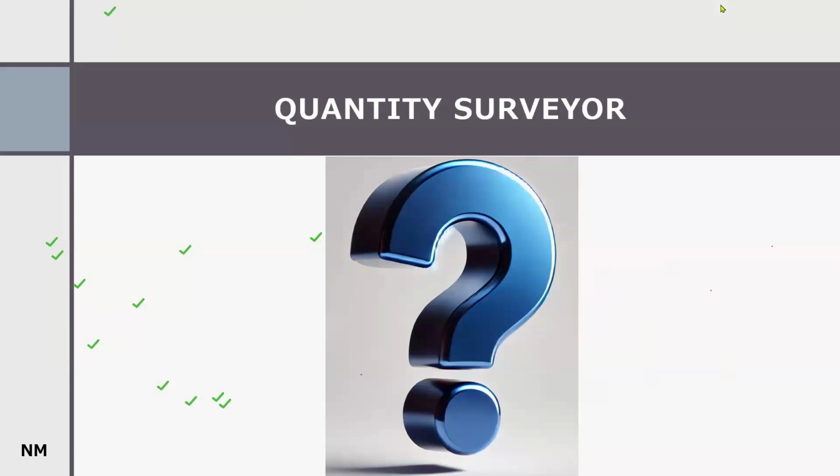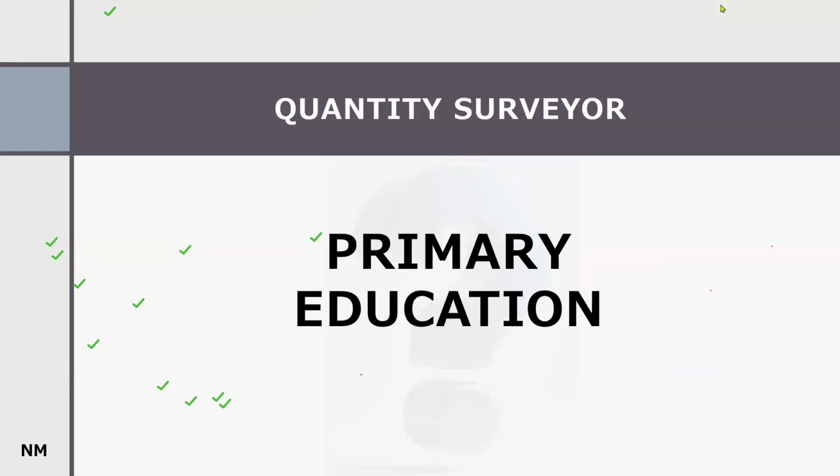So let's try to wind up. The final thing I want to say is why I believe that the quantity surveyor is the best professional to become a contracts manager. My answer is very simple: because of the primary education you are getting. You may have a degree or you may be following a degree or diploma, in whatever case, you will learn about contracts management in your basic program. I'm a graduate from the University of Moratuwa.